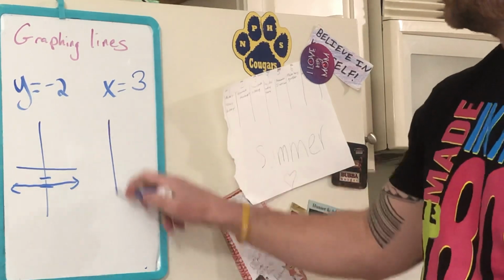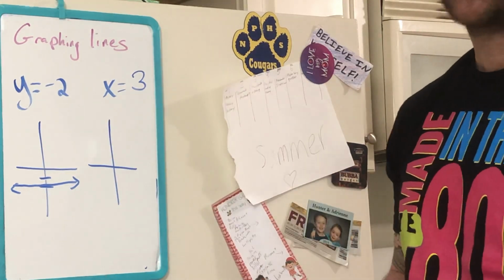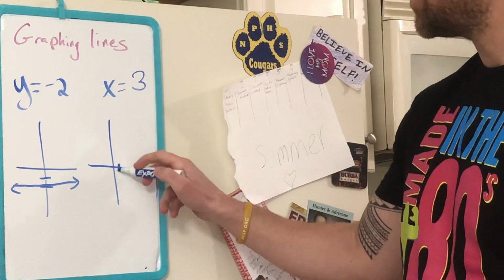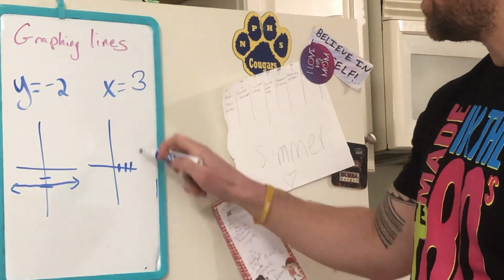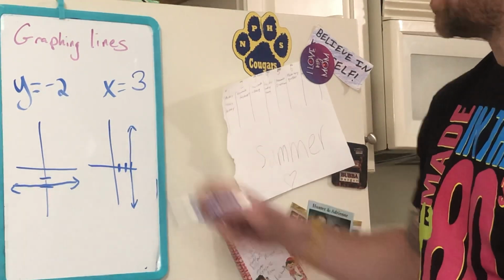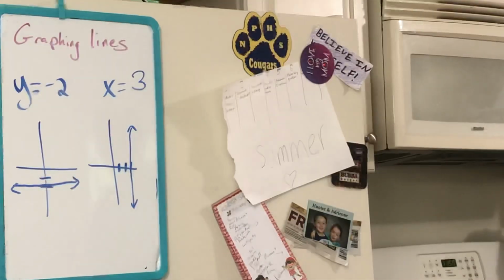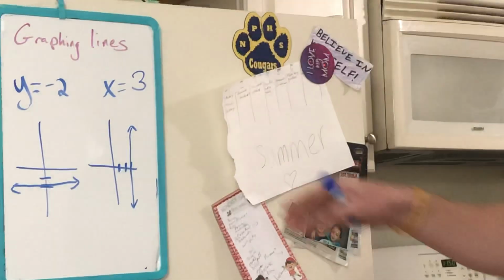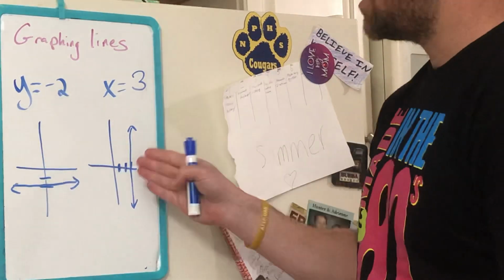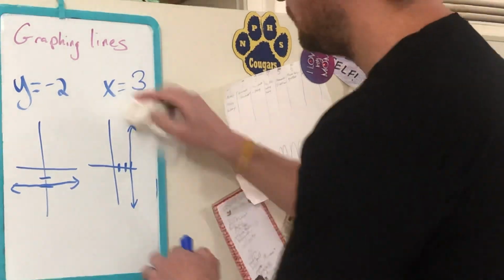If it says x equals 3, that means we just go right 3 and it's a vertical line at 3. So again, if you're missing an x or a y, it's going to either be a horizontal line or a vertical line.